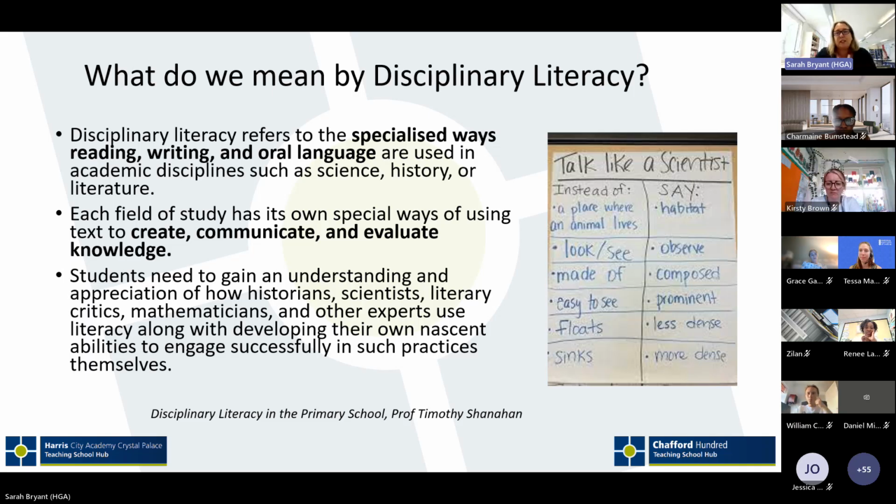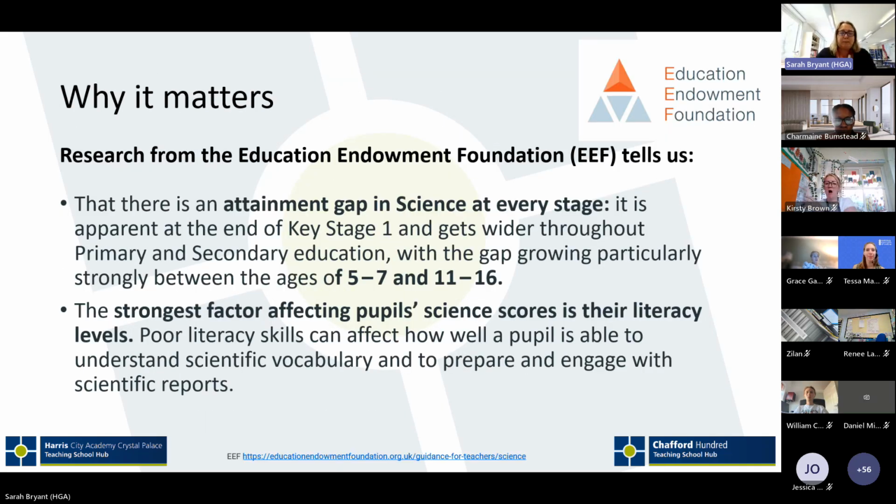And it's really interesting how so many children, particularly if you ask them to write something, start embellishing it. And actually, we need to learn that as scientists, we're very factual, we're very matter of fact, almost a little bit less is more. So it's really important for you to be able to teach children that there are different ways of writing for different purposes.